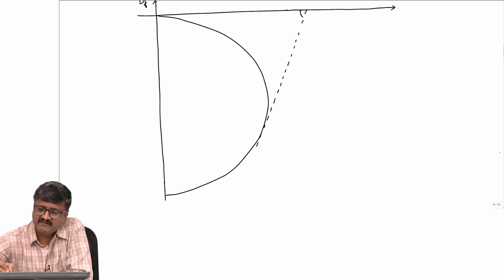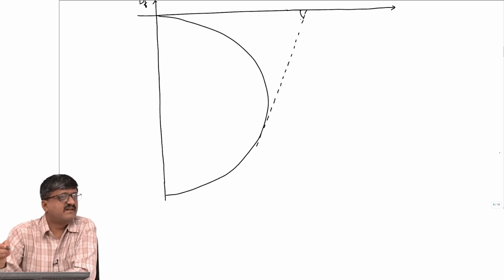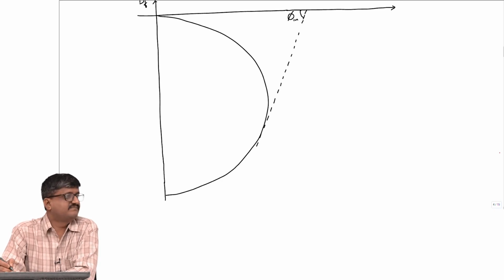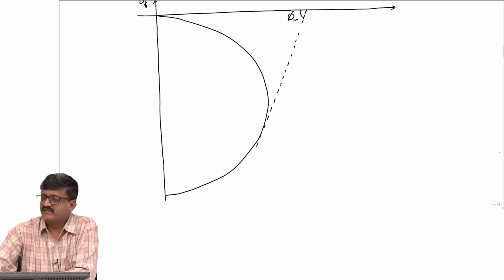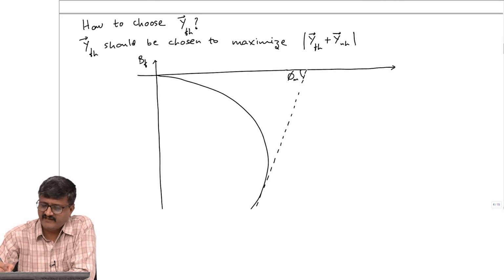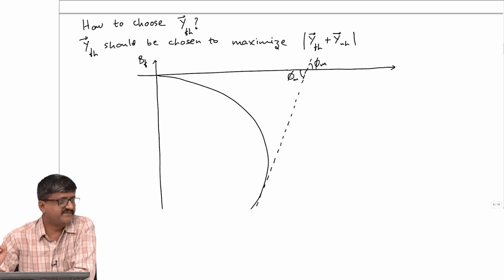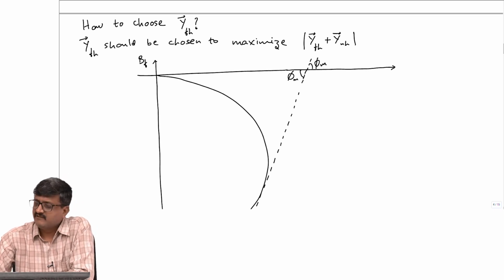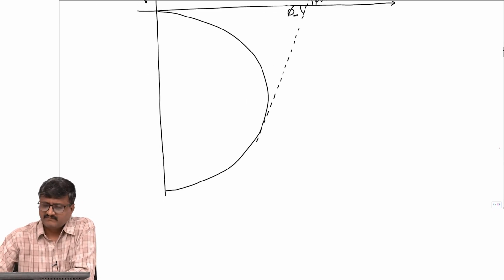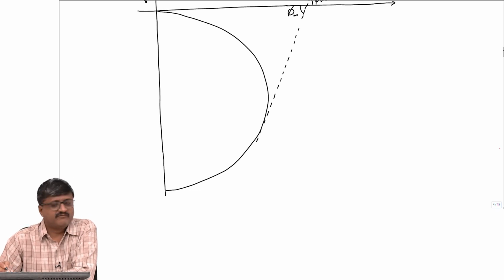What is this angle? This is phi m. See, the idea is very clear here. If I take this angle, this is phi m, so this is also phi m. I have chosen the tangent.